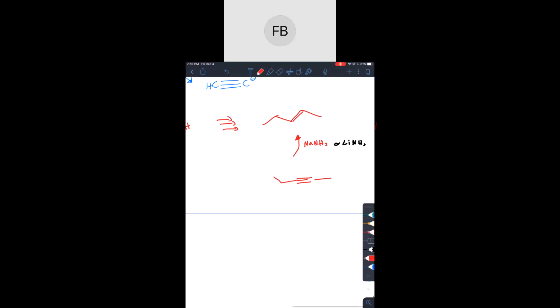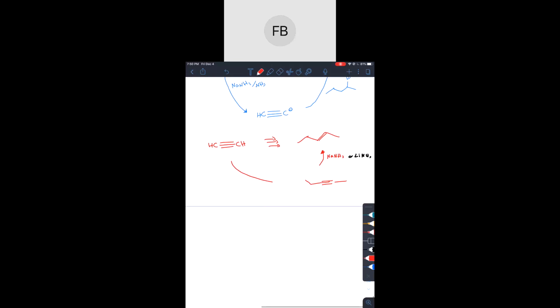And then we could think to ourselves, well, how are we going to get from here to here? That's going to be a series of substitutions. So first we're going to substitute one carbon onto the right and two carbons onto the left. So let's just go ahead and substitute our one carbon first. So NaNH2 over NH3. And then secondly, just a single carbon with a Br on it, primary, right?